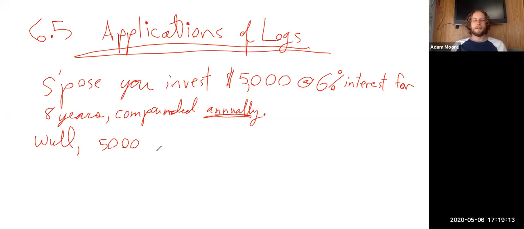Because that's how much you get at the end of a year. It's an annual interest rate. How would you even do that? Multiply. Multiply the 6%. I love it.